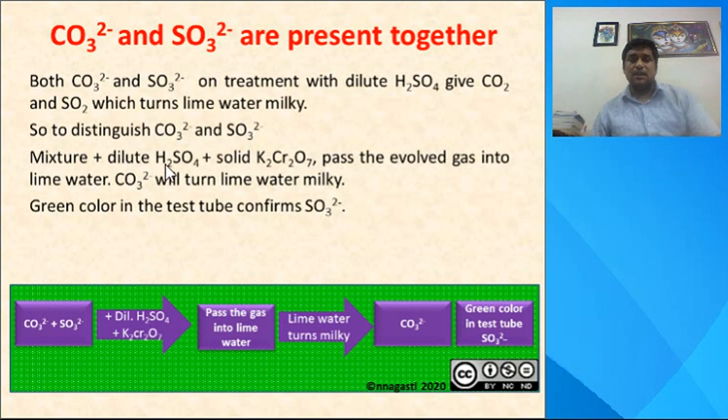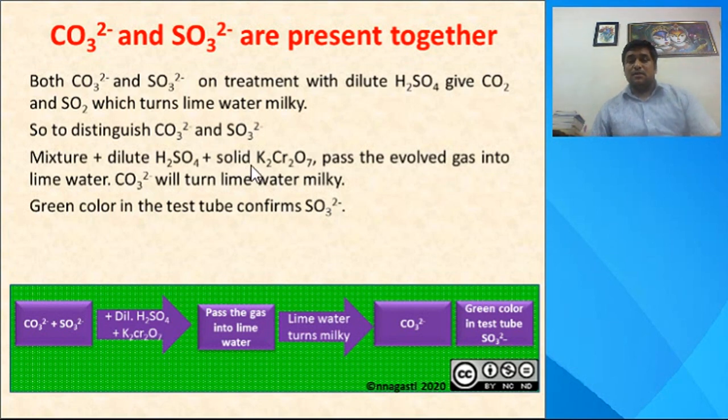Take the mixture, add dilute sulfuric acid, add solid potassium dichromate and warm the content. Pass the evolved gas into lime water. If lime water turns milky, then it is due to carbon dioxide.